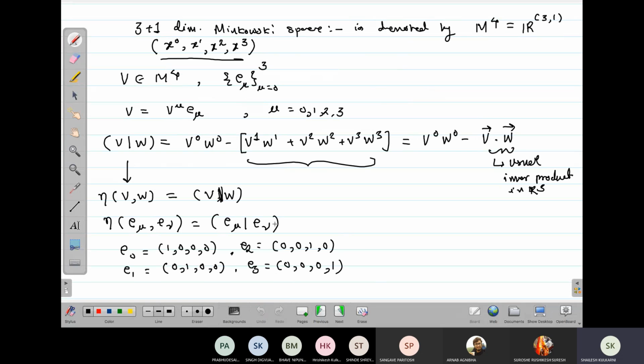I define this in an analogous way by making the analogy with Euclidean space. In Euclidean space, say in R3, how do we define the standard basis: 1 0 0, 0 1 0, and 0 0 1. So I also define it in this way. Is it the correct way to define, or should I change something?